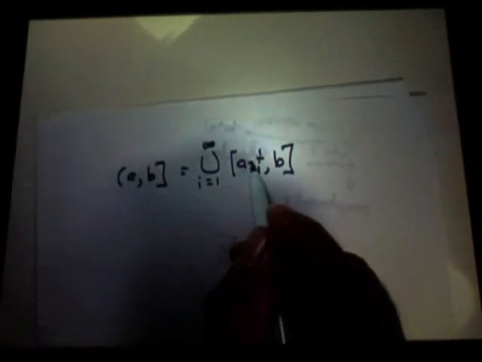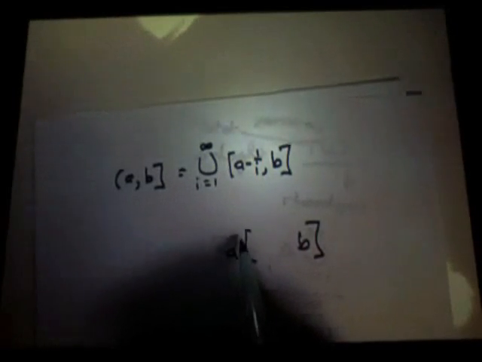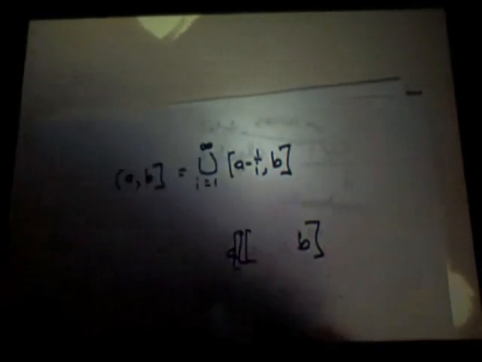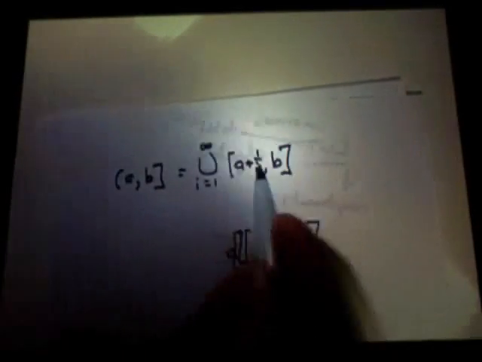I better make that, let's see. Let's think this through. There's A, there's B. What I want to do is have closed sets that just keep marching over to A but never quite get there. So I guess I better have a plus here, right?